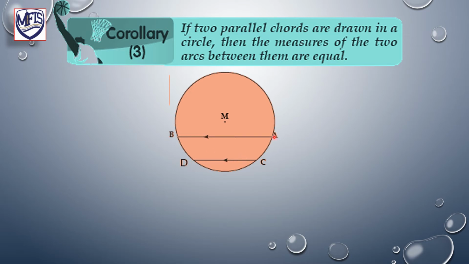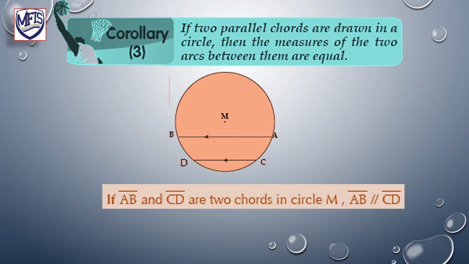Then the two arcs AC and BD, which are in between the two parallel chords, are equal in measure, and also chord AC equals chord BD.